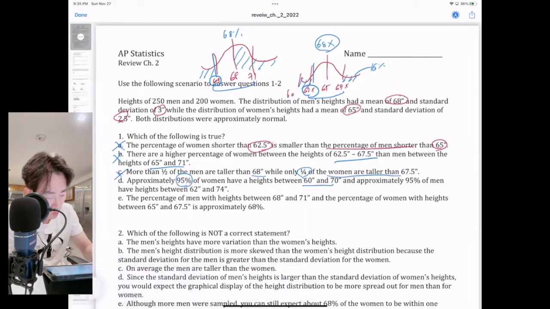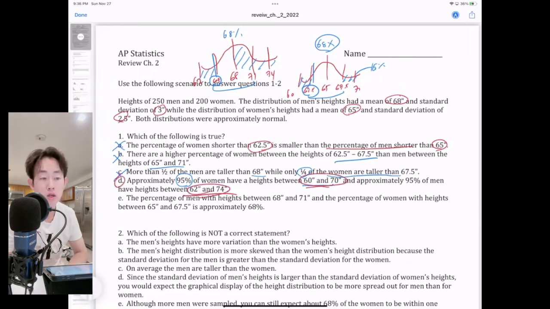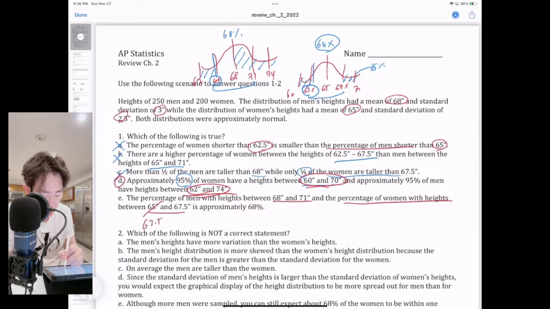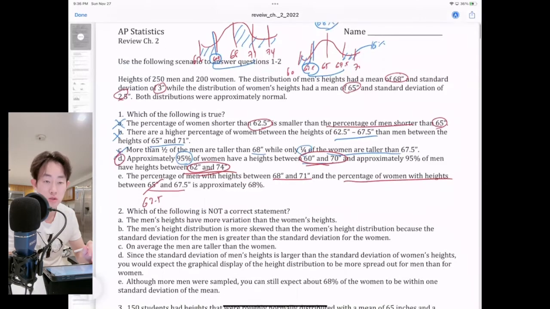If you go one more standard deviation to the left or right, you should get 60 to 70 for women, and for men 62 to 74, adding 3 and subtracting 3. Yes, these two numbers are exactly what we're looking for, so that should be D. The percentage of men with heights between 68 to 71 and women with heights of 65 to 67.5 wouldn't work; that should be 62.5 in order for that to be true.